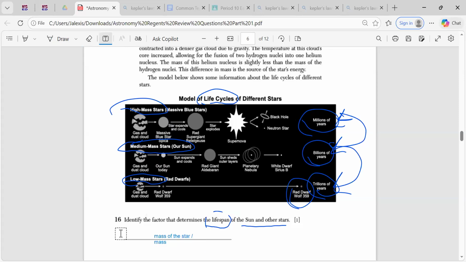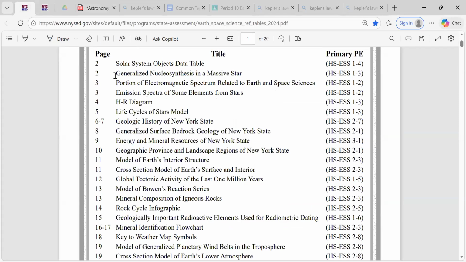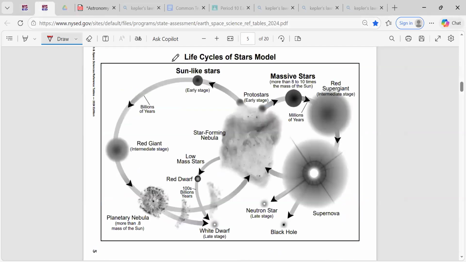All right. Another thing you could have done, where the reference tables could have helped you, is that I see this is about the lifespan, or life cycle, of different stars. I can go to my table of contents and I see life cycles of stars model. When I go to page 5, I see right here the life cycle of star models.